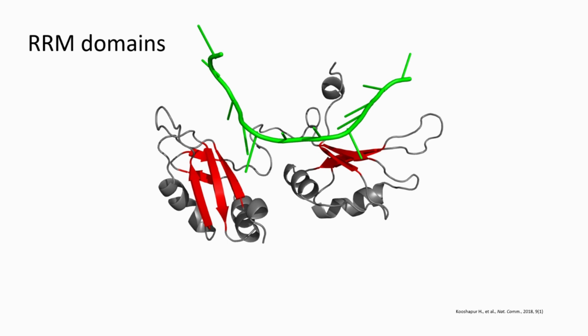Then we also have these other additional parts of the proteins, the alpha helices or the loops, as I mentioned before, that can also play a role in helping this beta sheet to recognize the RNA molecule, and altogether play a role in the binding and recognition of specific RNA sequences.